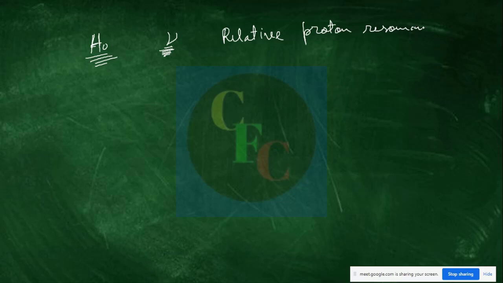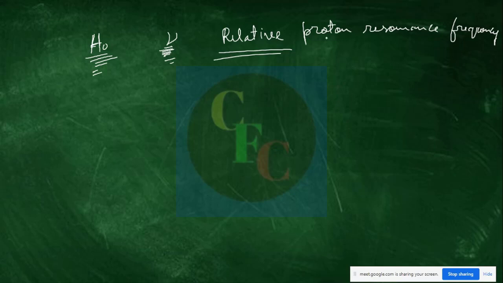What is relative? That means we have some inert standard, we put that in the sample, and we find the difference with that standard. Now that means we do not have to exactly measure this one, because that difference will be the same.